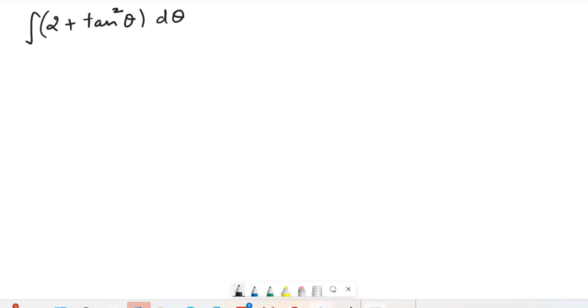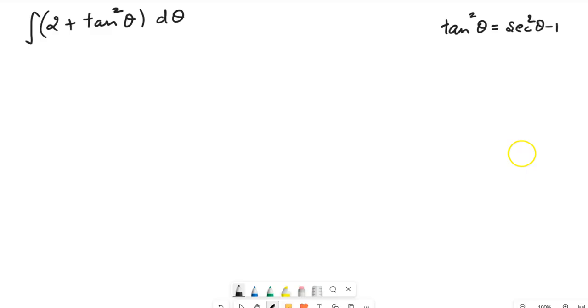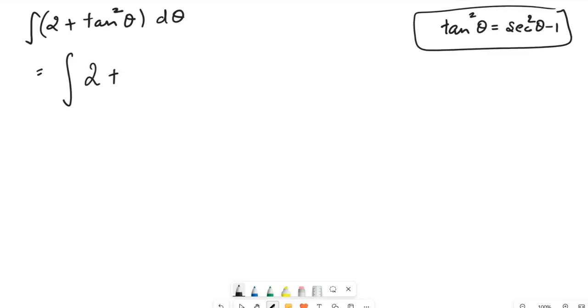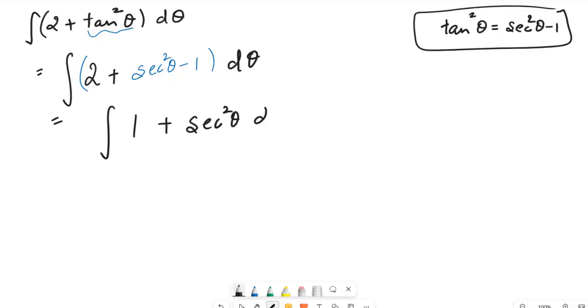Here is another problem. The integral is of 2 plus tangent squared theta. We don't have a direct formula for tangent squared theta, but we know that tangent squared theta can be written as secant squared theta minus 1. This is your trig identity. So you can write this integral as 2 plus, in place of tangent squared, I can put secant squared theta minus 1, with respect to theta. 2 minus 1 is 1, plus secant squared theta d theta.